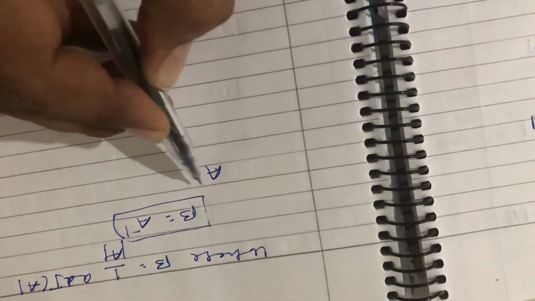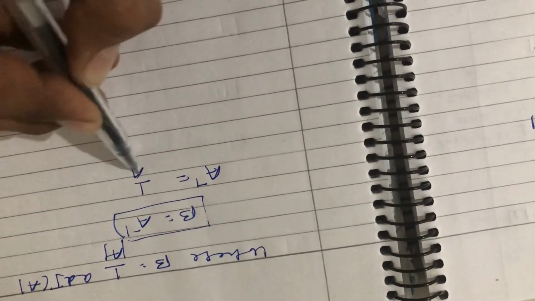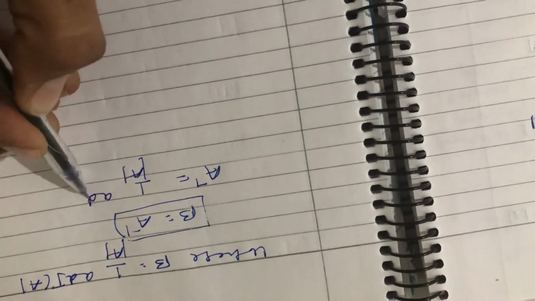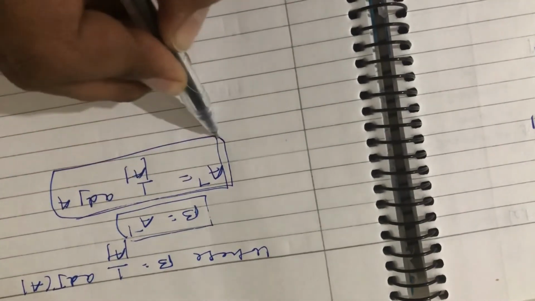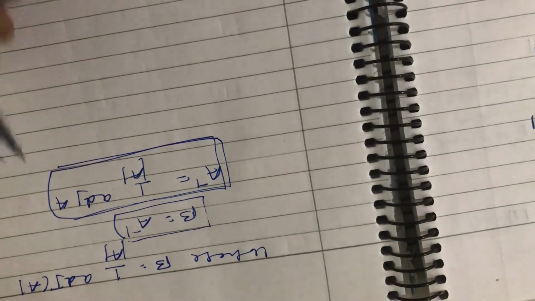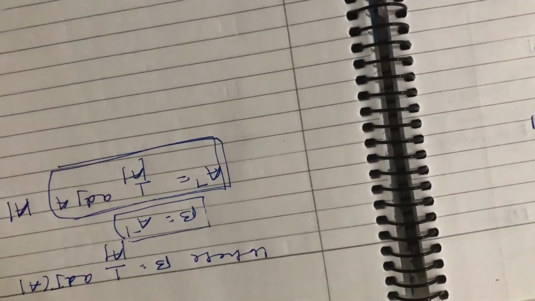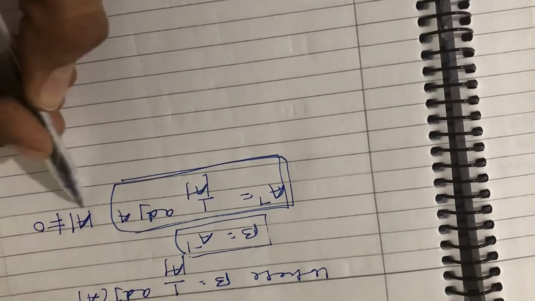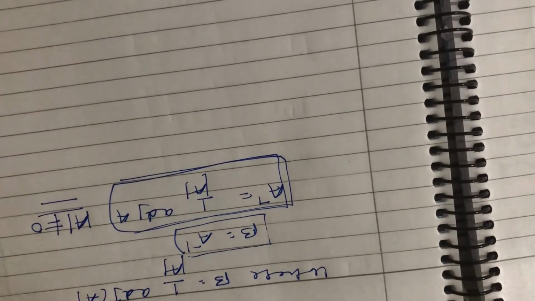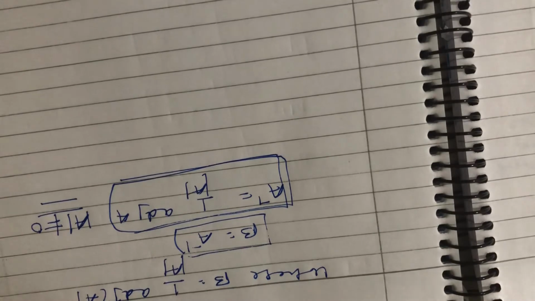Then A inverse is equal to 1 upon determinant of A into adjoint of A. Here determinant of A can't be 0. So this is the formula for the inverse of a matrix.